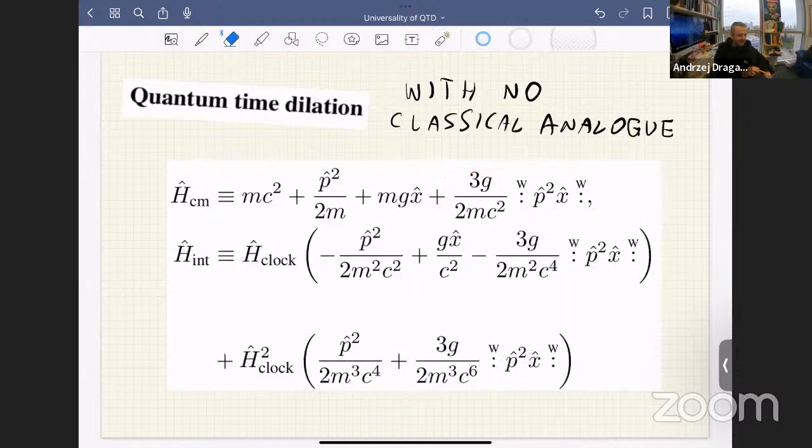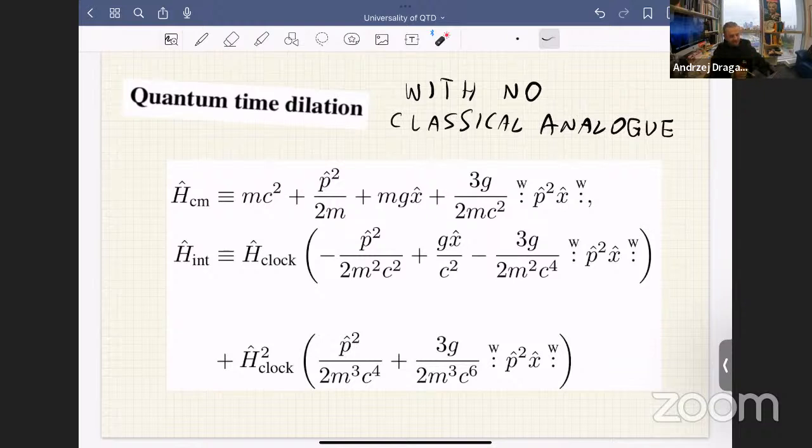Similarly, when you expand the interaction term, because there's an interaction between the position and the clock, you see there is a clock, and that is multiplied by momentum, by position, and then it's also multiplied by position and momentum combined. So these higher order terms combine position, momentum, and clock degrees of freedom together. They entangle all of them, and the effect of that, in principle, is a truly quantum mechanical effect because there is no classical analog of that state.